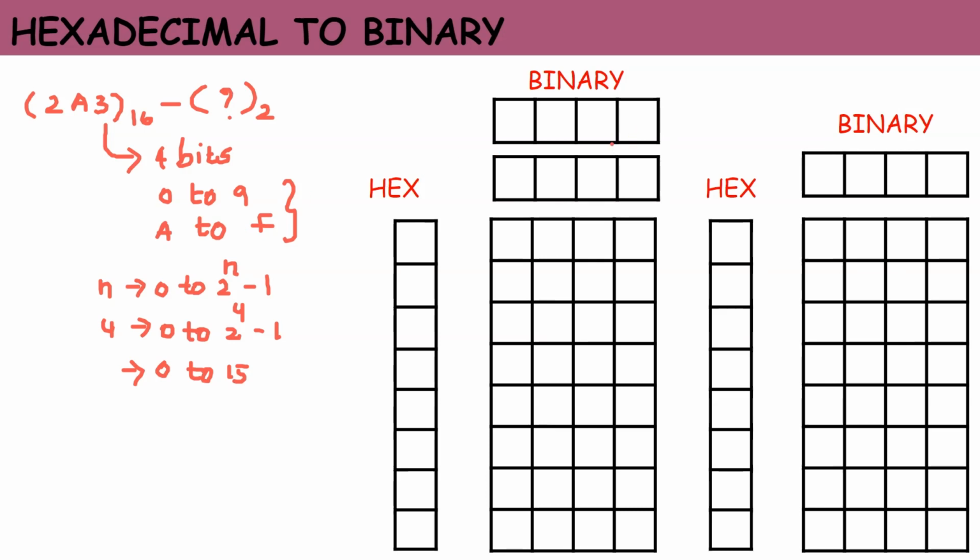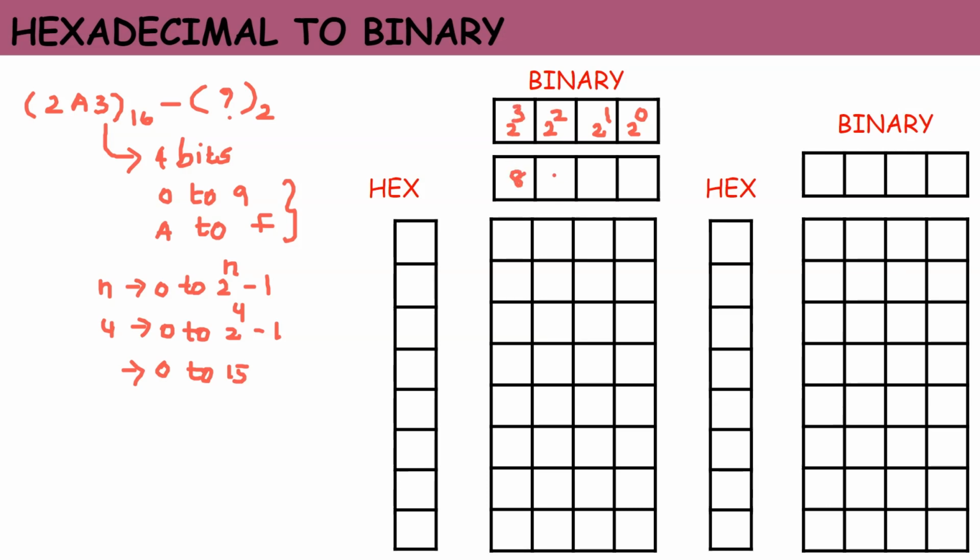Let us see how each hexadecimal digit is represented in binary and find the equivalent binary value for each hexadecimal digit from 0 to 9 and the letters from A to F. Starting from the least significant bit position, the positional values for the 4 bits are 2 power 0, 2 power 1, 2 power 2, 2 power 3.